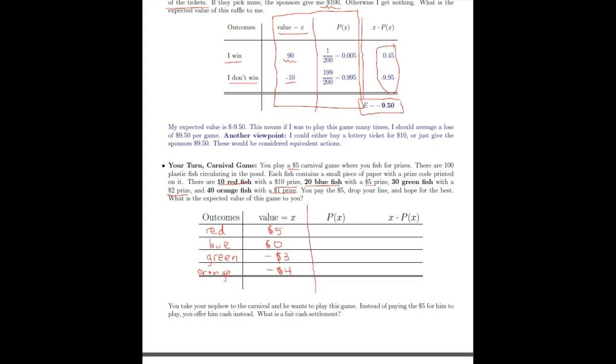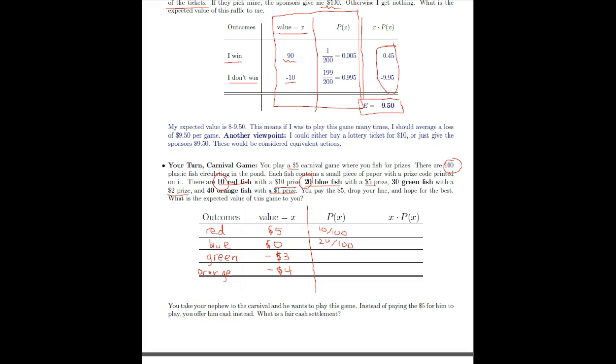Okay, so let's figure out what the probabilities of each of these occurring are. So the probability of getting a red fish, there are 10 red fish out of a total of 100 fish, so that means the probability is 10 out of 100. What's the probability of getting a blue fish? Well, there are 20 blue fish out of 100, so the probability is 20 out of 100. And you could put these as decimals if you like, or you can leave them as fractions.